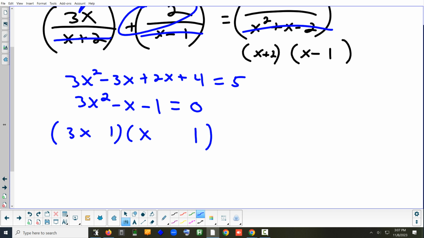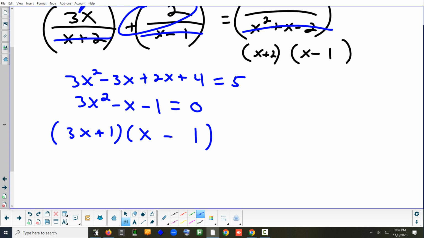And what do my signs have to be? Plus and a minus. So if I try a plus and a minus, that gives me negative 3x plus 1. Well, that doesn't work. If I switch them, it's still not going to work. So I don't think it's factorable.